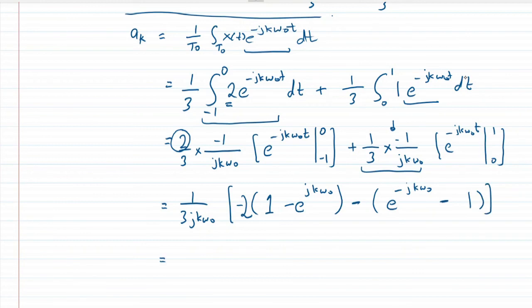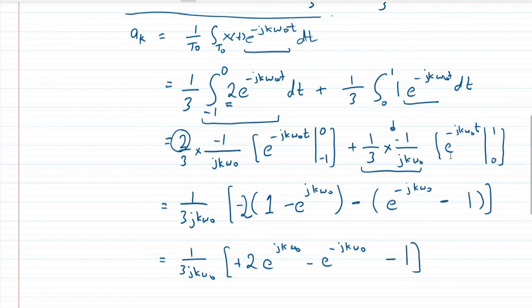So therefore our solution is 1 over 3 j k omega naught times 2 e to the power j k omega naught minus e to the power minus j k omega naught, and then we have minus 2 and plus 1, so minus 1. Now this is the solution when k is not equal to 0.